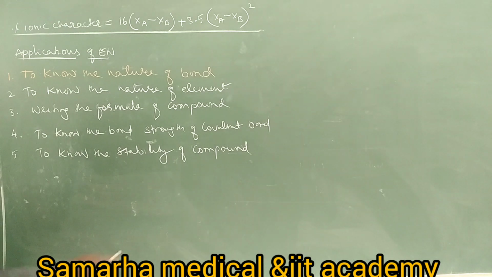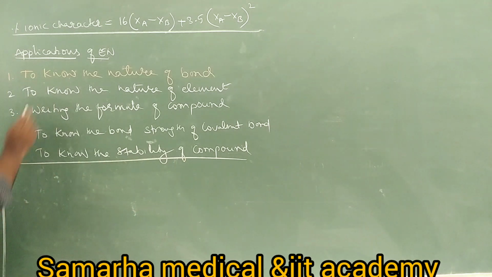First one, to know the nature of bond. How do you know the nature of the bond, whether a given compound is more ionic or less ionic, more covalent, less covalent? It is very simple.